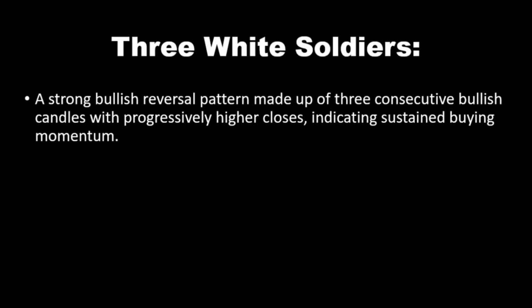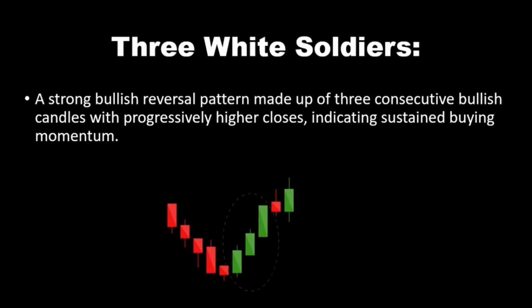Three white soldiers. A strong bullish reversal pattern made up of 3 consecutive bullish candles with progressive higher closes, indicating sustained buying momentum. This is what we are saying here. A bullish engulfing pattern has formed here, right? Another one opened. Another one opened.